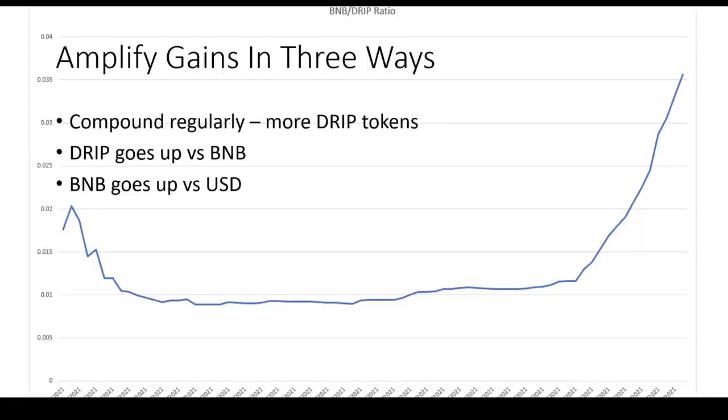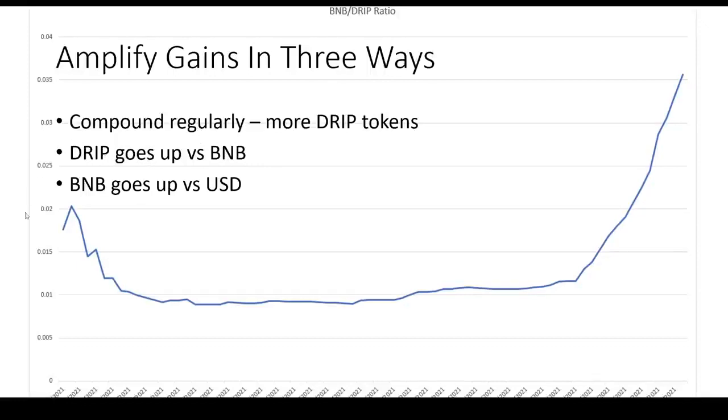And therefore, your max payout is growing, and therefore the rate at which your tokens come to available is also growing. So compounding is a way to amplify your gains in DRIP. Now, the other thing that's been happening really strongly lately is DRIP is going up versus BNB.